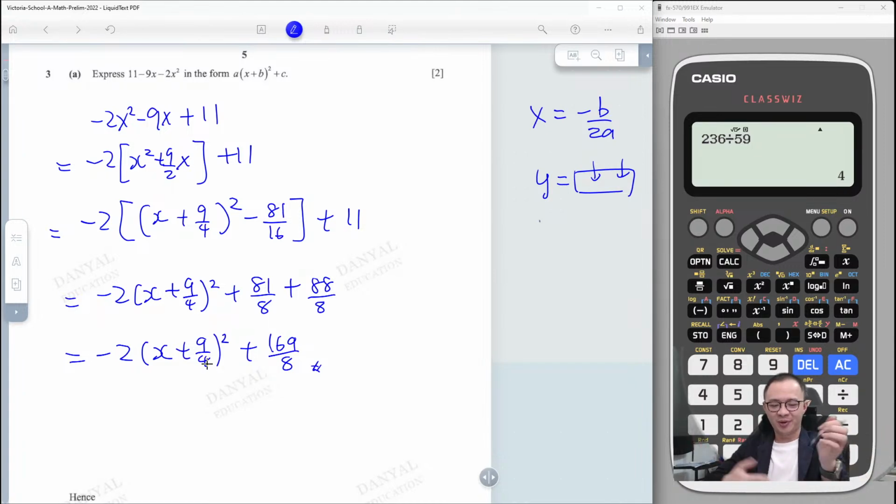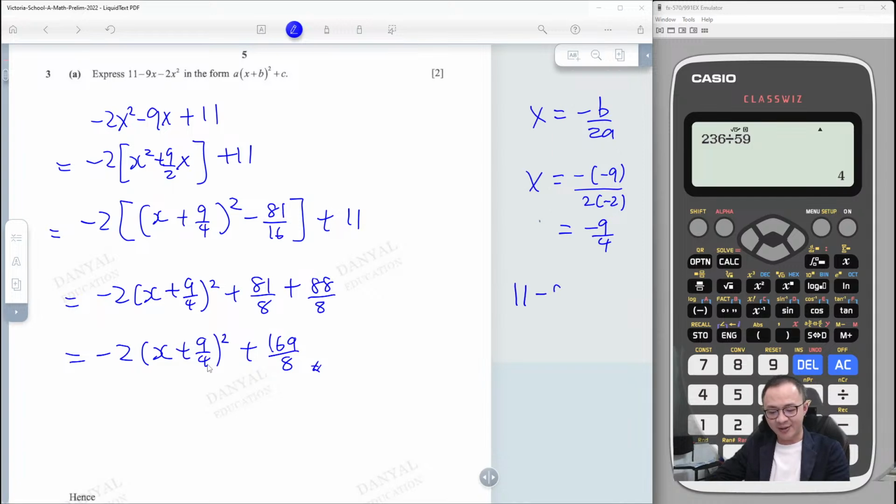Should we try to prove it here? Yeah, never mind, we have plenty of time, so let's try to prove this one for fun. Okay, my b is negative 9, right? And my a is negative 2, right? So this one is basically negative 9 over 4. So I can sub back into here, negative 9 over 4.